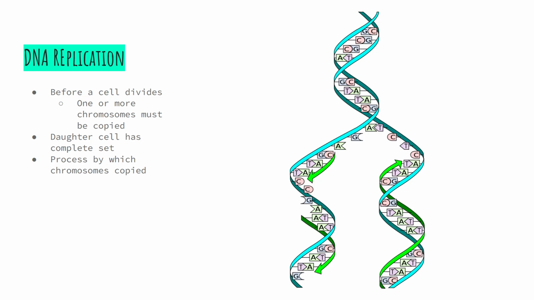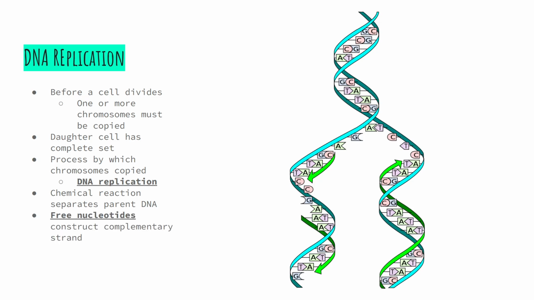And so the process by which chromosomes are copied is called DNA replication and is the highlight of this video. A chemical reaction separates the parent DNA so that free nucleotides can join on and construct a complementary strand. The daughter DNA is then made, ready for cellular division.